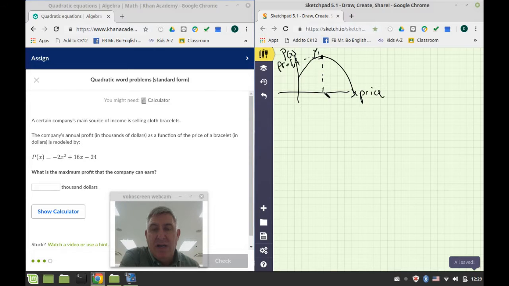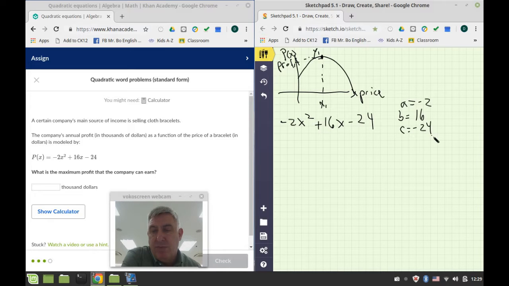So we're going to need to find x1 first, and then substitute and find y1. So we know that negative 2x squared plus 16x minus 24. I know that a is negative 2, I know that b is 16, and I know that c is negative 24. But we don't need c for this part, because we really just want to find the axis of symmetry.